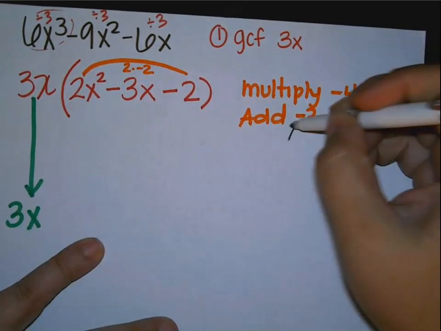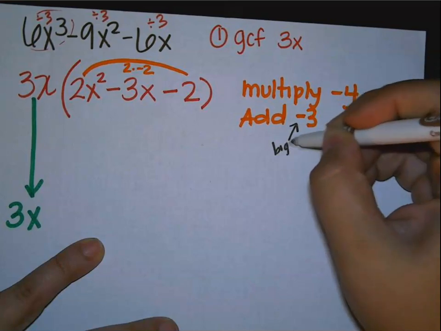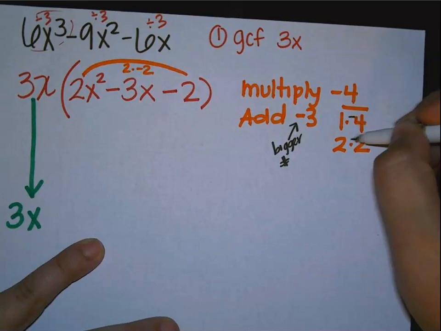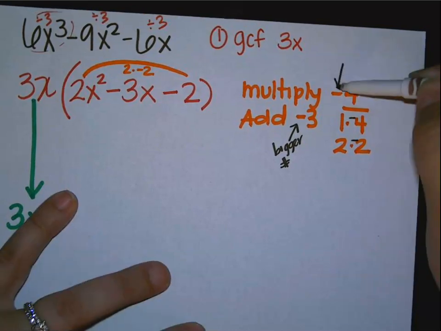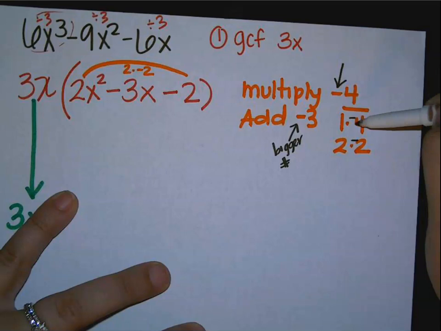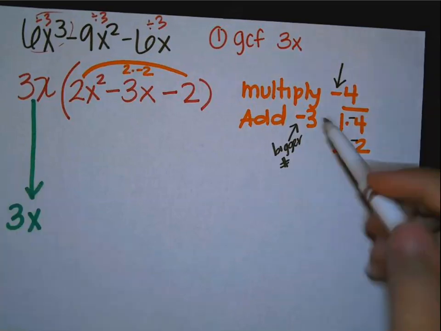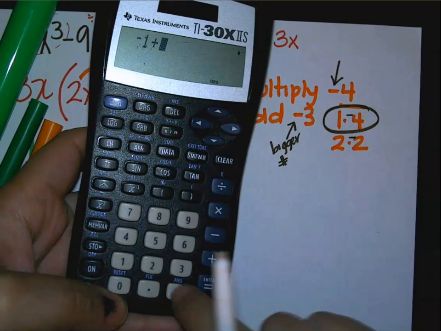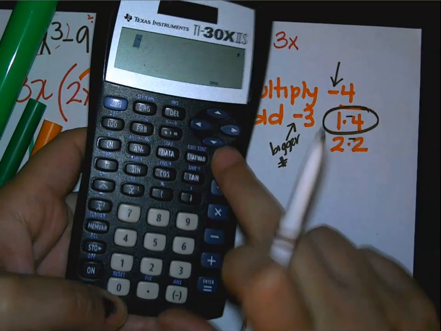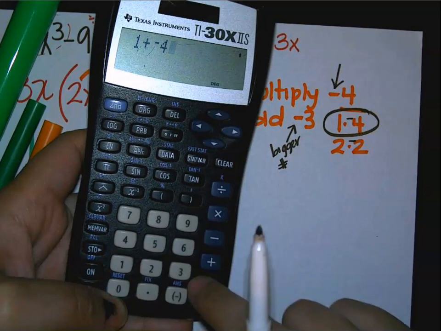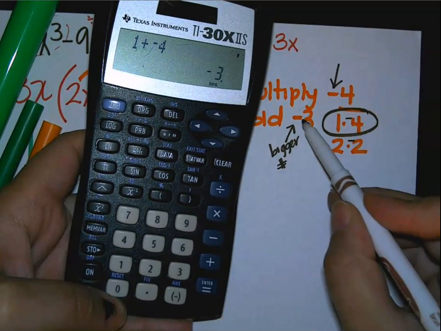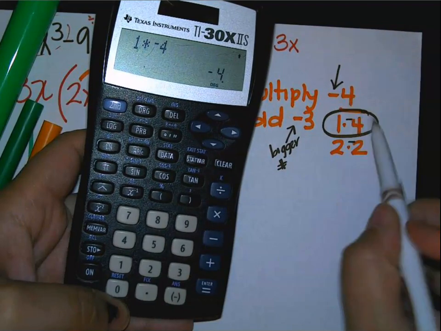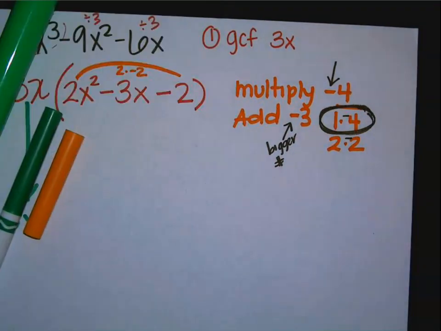So it has to add to a negative, so I know the bigger number is the negative one. But it has to multiply to a negative, so one has to be positive and one has to be negative. And they have to add to negative 3, so 1 plus negative 4 adds to negative 3, and they multiply to negative 4.